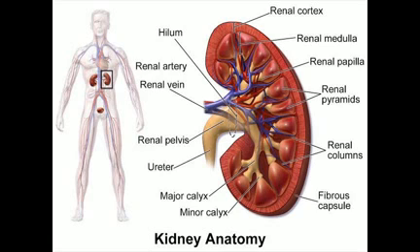These structures are called glomeruli. Now, a glomerulus is enclosed in a cup-shaped structure which is known as Bowman's capsule.